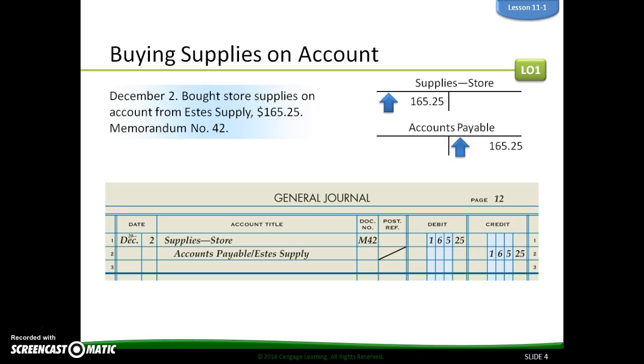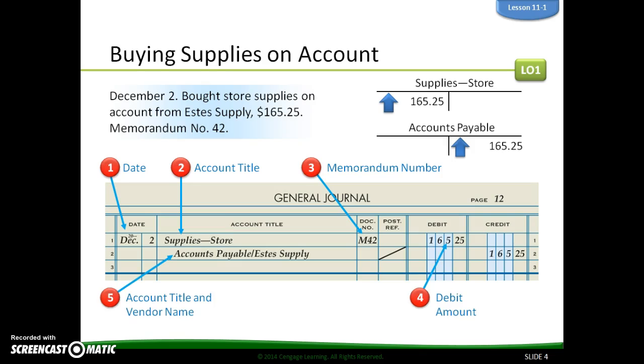So when we note this on our general journal, we can see that it's memo 42 in the document number, and we are debiting supplies and we're crediting accounts payable, Etsy Supply Company. So there's the date, the account title, the memo, the debit, the vendor and account title, and the credit amount.